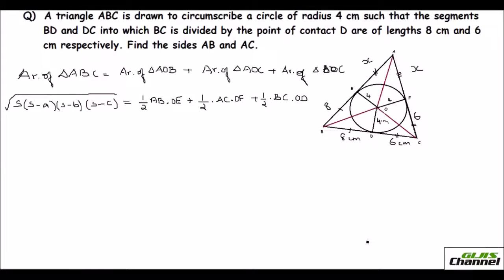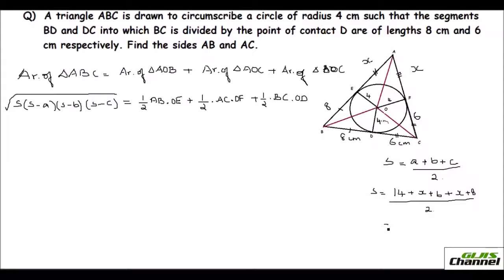Okay? Now let us find out what S is, because you know what S is for a scalene triangle? S will be the sum of all sides divided by 2, right? So I write that here, S equals A plus B plus C over 2. Here your A is 8 plus 6, 14, B is x plus 6, and C is x plus 8, the three sides of the big triangle, divided by 2.